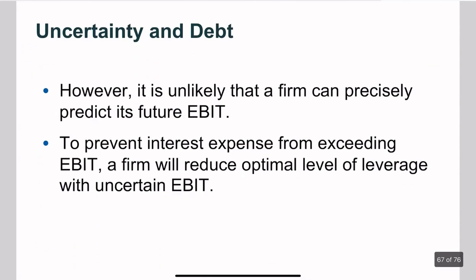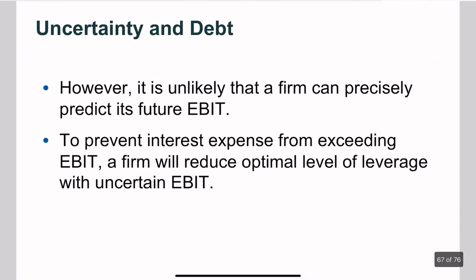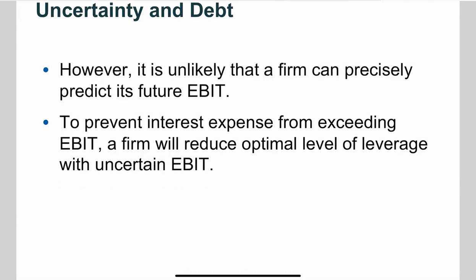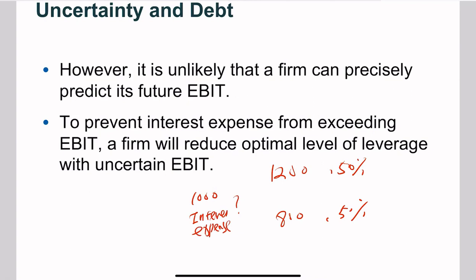But in reality, generally you cannot precisely forecast what your future EBIT is. So let's say your EBIT is either 1,200 or 800 with 50% chance each. Now, do you really still want to use $1,000 of interest expense? Is this a good idea? It's not, right?